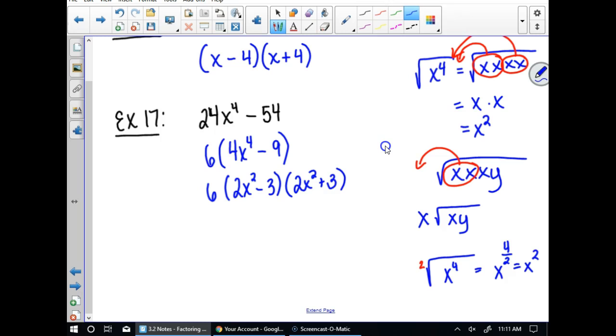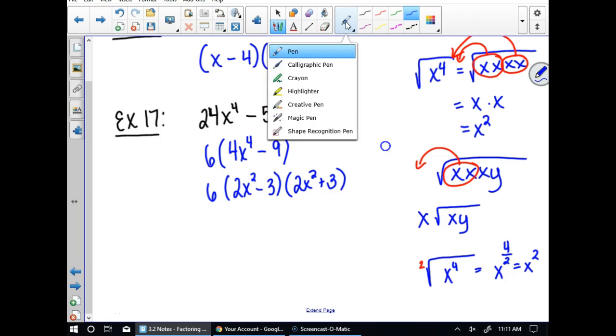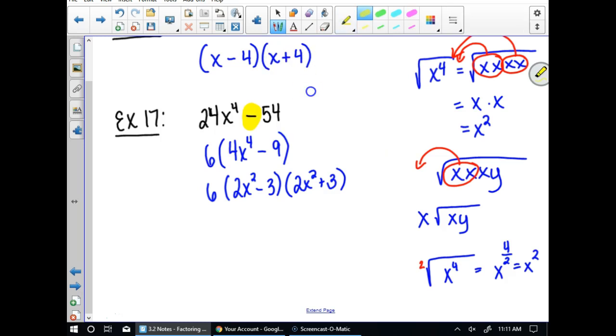For you to be able to factor this way, you have to have things you can take the square root of. You also must have a minus sign right here. Because if you have a plus sign, it will not factor. Because whenever we have a difference of squares, we got a positive and a negative. So when we multiply for that last term, a positive times a negative has to give us a negative here.